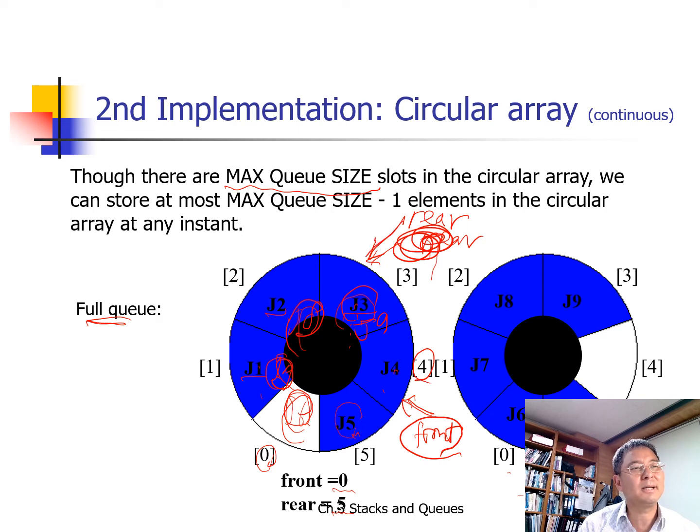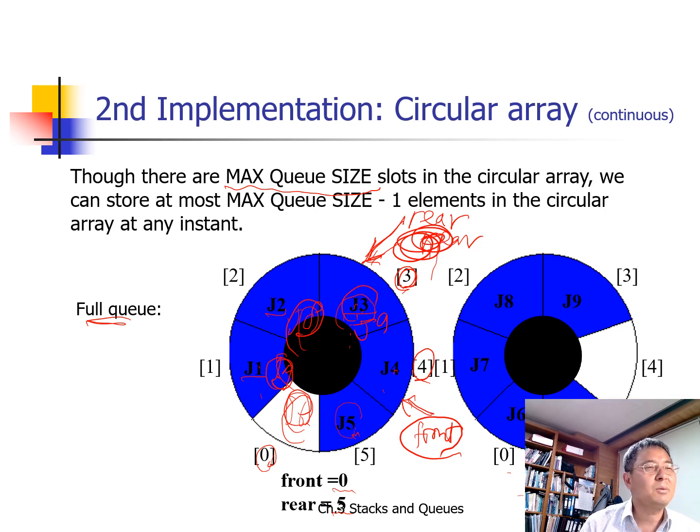Then the rear index points to 3. So rear becomes 3, front becomes 4. This is the final result of these operations. Okay, in this way, you can circle when you insert data and delete data.